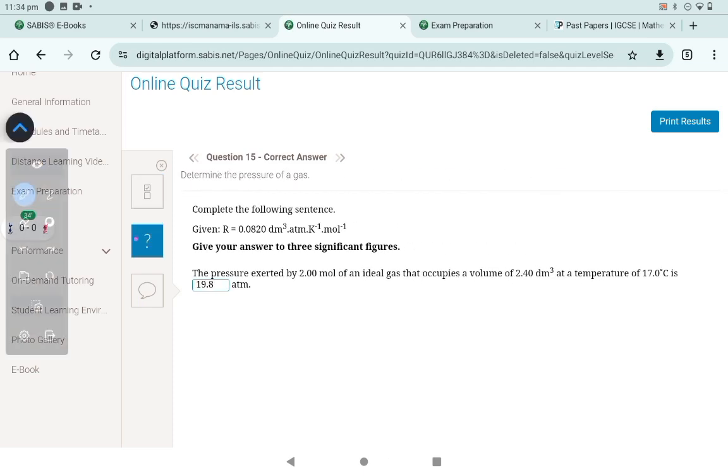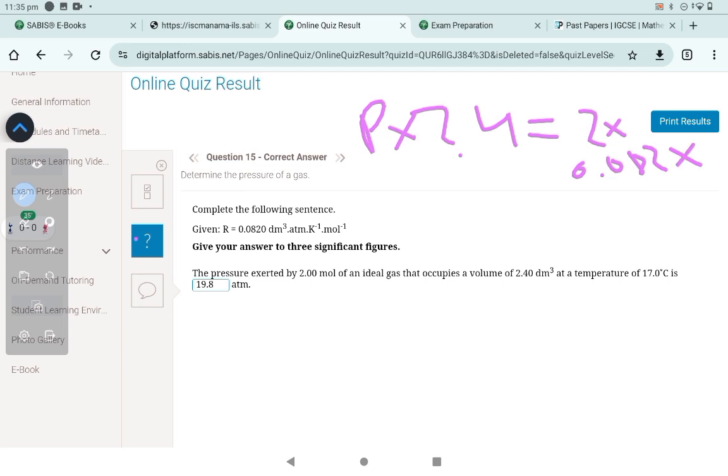Okay. Same thing here. Pressure exerted by 2 moles of the ideal gas. PV is equal to nRT. We need to find our pressure multiplied by the volume, which is 2.4, is equal to n, which is 2, times 0.082 times 17 plus 273, which is going to be 290.